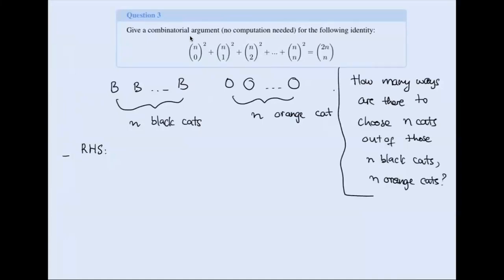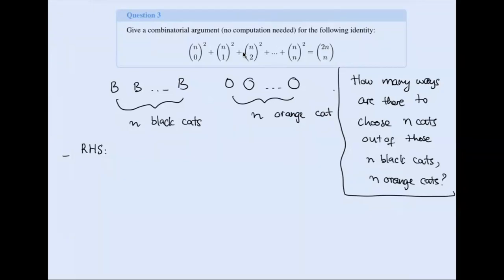So this is the question that I will answer. I will show you that the right-hand side is the answer to this question. And the left-hand side is also the answer to this question. Since they are both the answer to this question, they have to be equal. So that is my proof strategy.